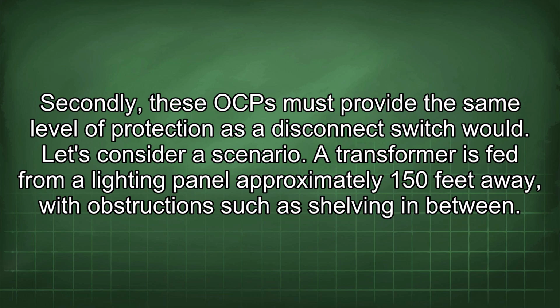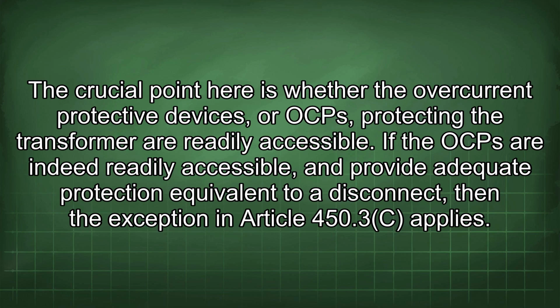Let's consider a scenario. A transformer is fed from a lighting panel approximately 150 feet away, with obstructions such as shelving in between. The crucial point here is whether the overcurrent protective devices, or OCDs, protecting the transformer are readily accessible.